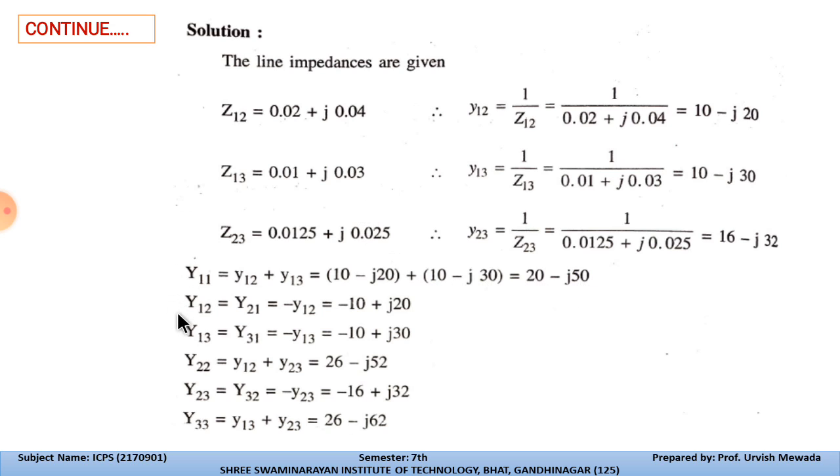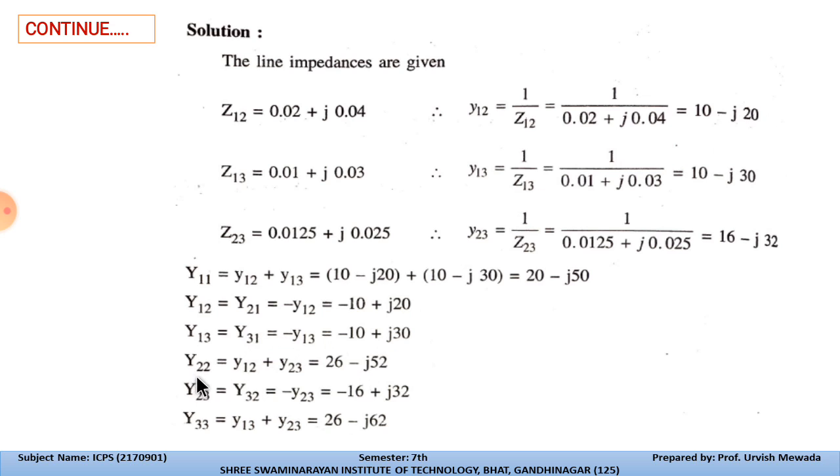Then Y12 is equal to Y21, so Y21 is equal to minus Y12, which becomes minus 10 plus J20. Similarly Y31 is equal to minus Y13, so minus 10 plus J30.